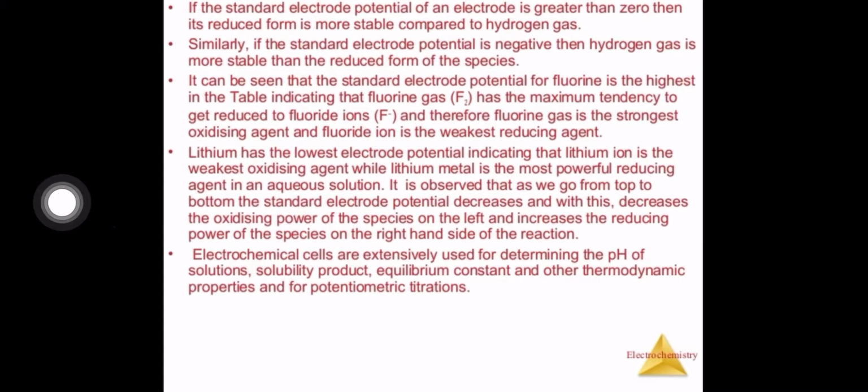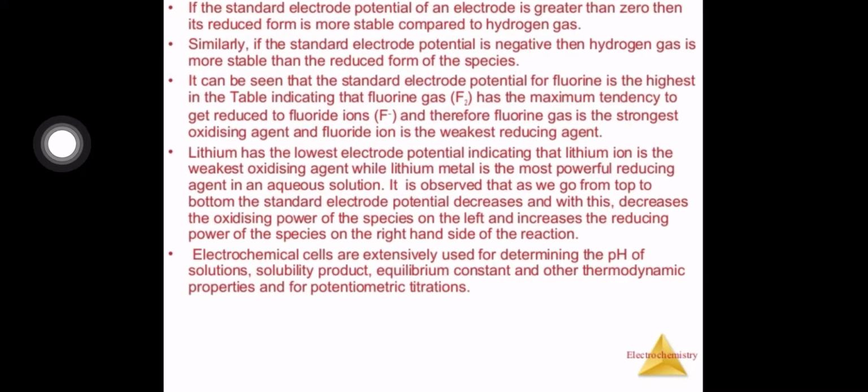Whenever the reduction is taking place, we should know, if we are using two things, that is Cu and Ag, or Cu and Zn, which one is going to be reduced. If it is reduced, then it will have a positive value of standard electrode potential.